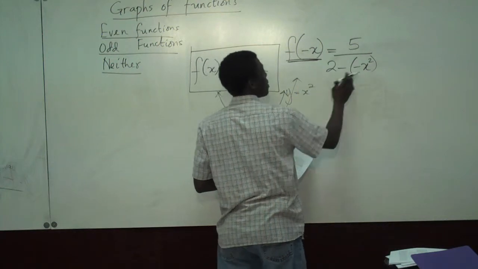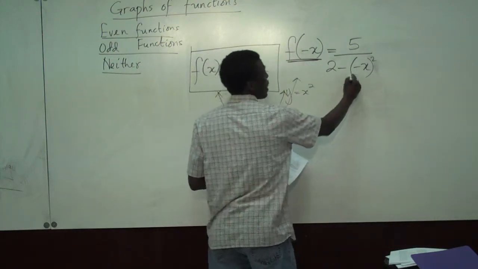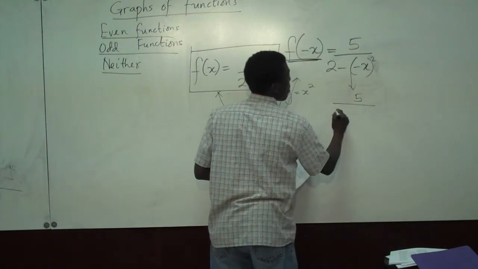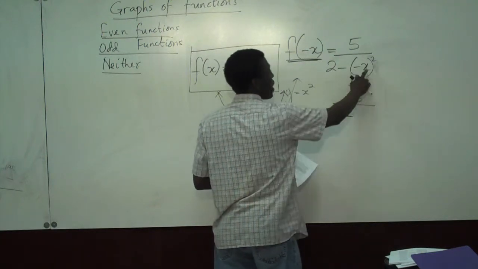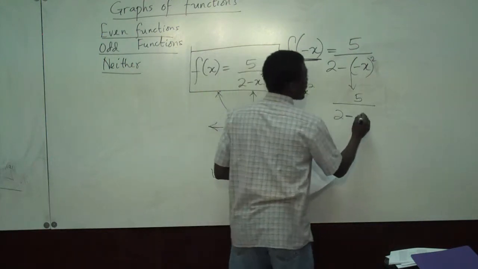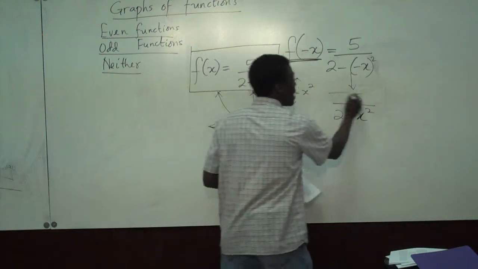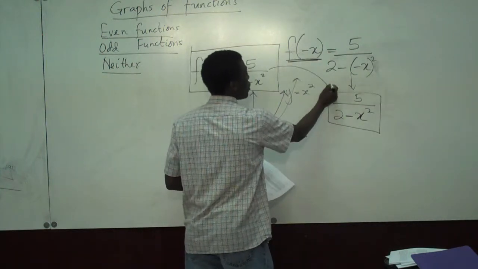This is the same thing as 5 divided by 2 minus, now negative x, when you square that, you actually get x squared with a positive. So notice that this is equal to the original.